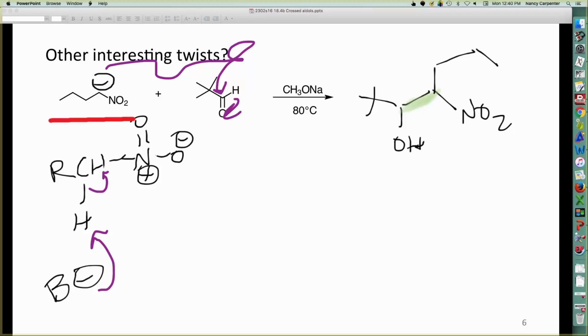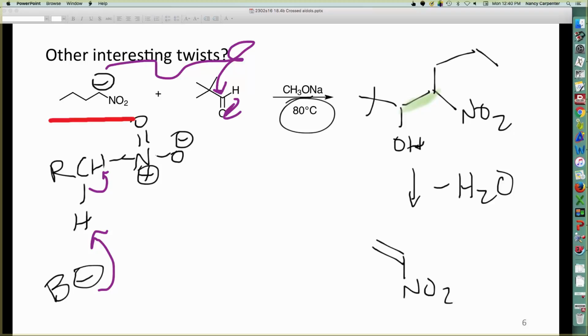And given the conditions, it certainly looks to me like we're going to lose water to end up with this guy. 1, 2, 3, 4. That should be my product. And is it an aldol? Yeah, it's an aldol. All of these things where an enolate type molecule reacts with a carbonyl, that's an aldol.